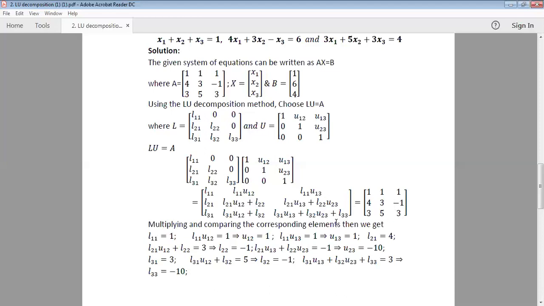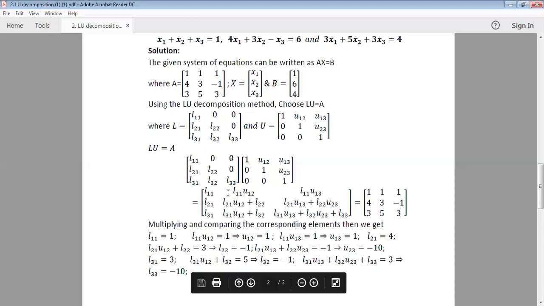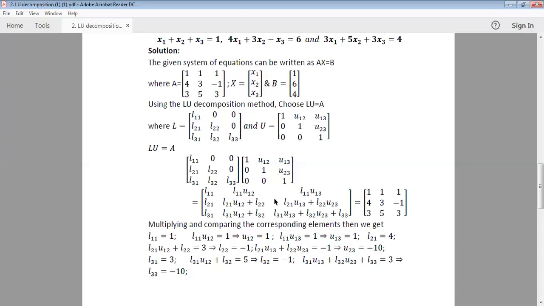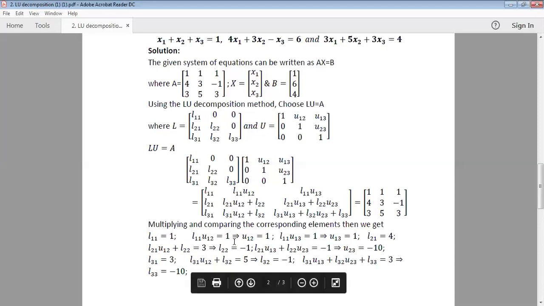These two matrices are equal, meaning corresponding elements are equal. So comparing corresponding elements, we get L11 equals 1, and L11 U12 equals 1. This implies L11 value is 1, so we get U12 equals 1. L11 U13 equals 1, from this we get U13 equals 1. Next, L21 equals 4.